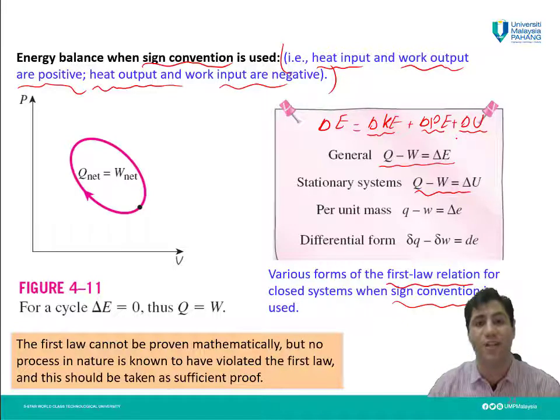Here U is the internal energy of the system. We have already discussed that. And the general form of this equation will be like this: Q minus W equal to delta E.